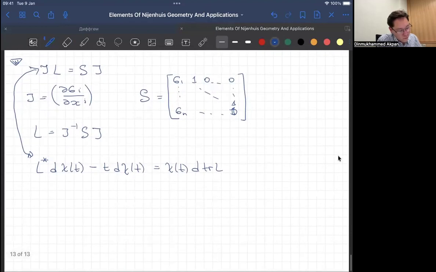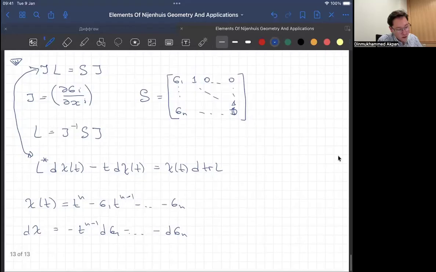Psi is the characteristic polynomial. Then d psi is minus t^(n-1) d sigma 1, etc., minus d sigma n.